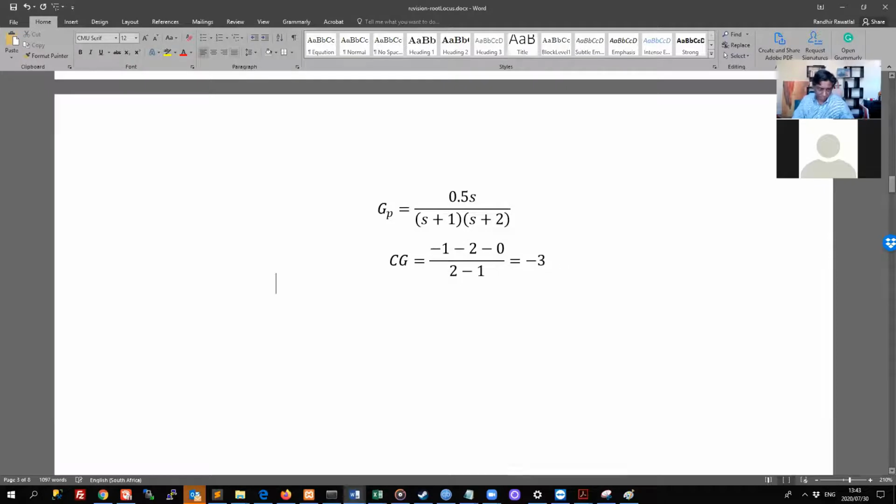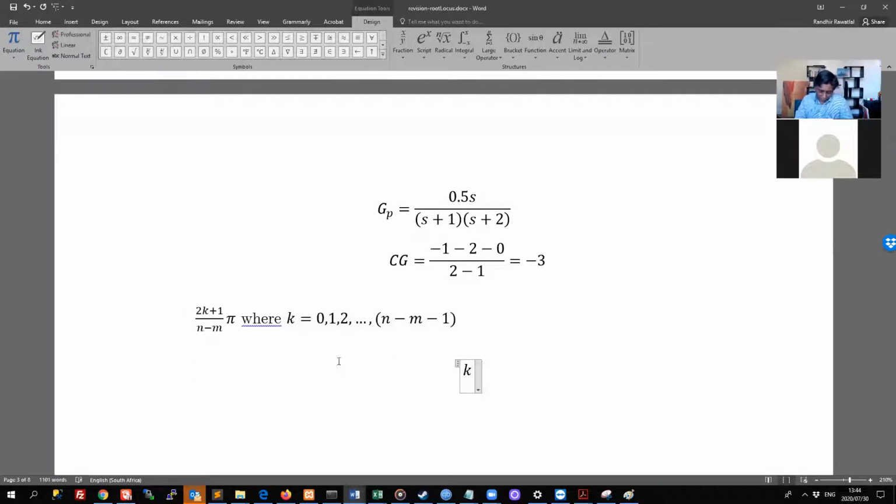I know you can do it faster than this, but I feel it's a little bit helpful first to just write out the values for k that we are going to loop through. So n minus m, that's 3 minus 1, so that's 2, and then 2 minus 1 is a 1. So k is going to have the values of 0 and 1.